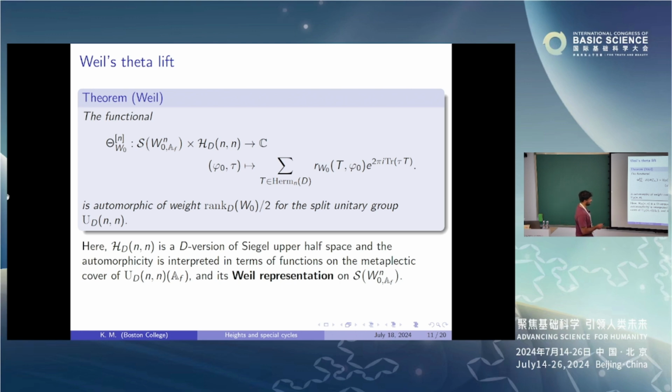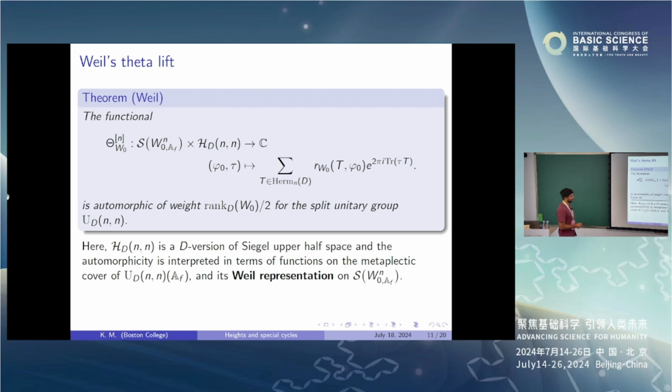If you take D to be Q and n to be 1, then this is just the usual upper half plane. So you have some function on some version of the upper half plane that comes from a Schwartz function, and you write down this generating series in this way. And he proves that this is automorphic of a certain weight for this group.